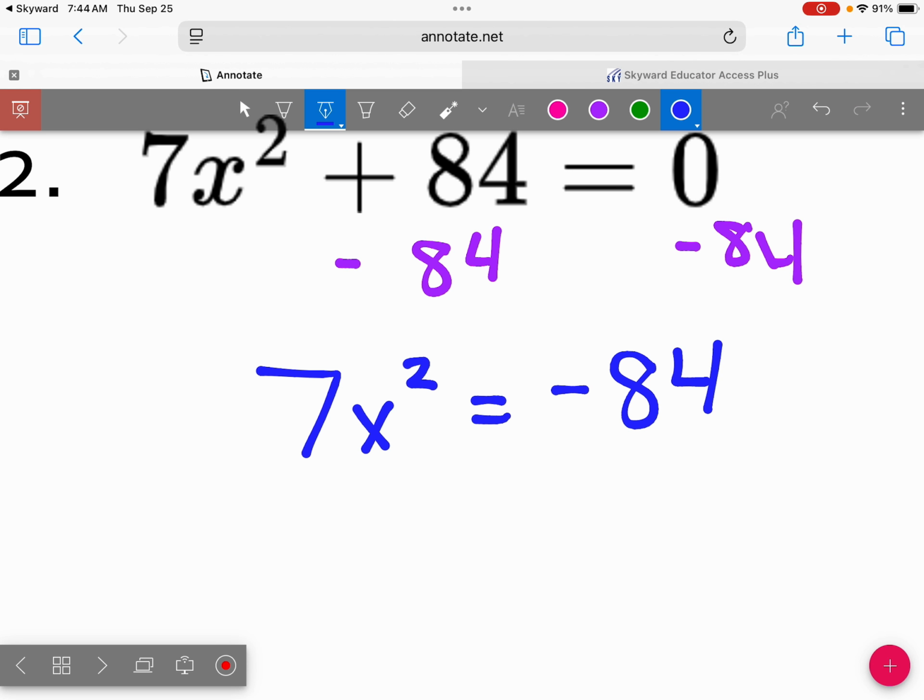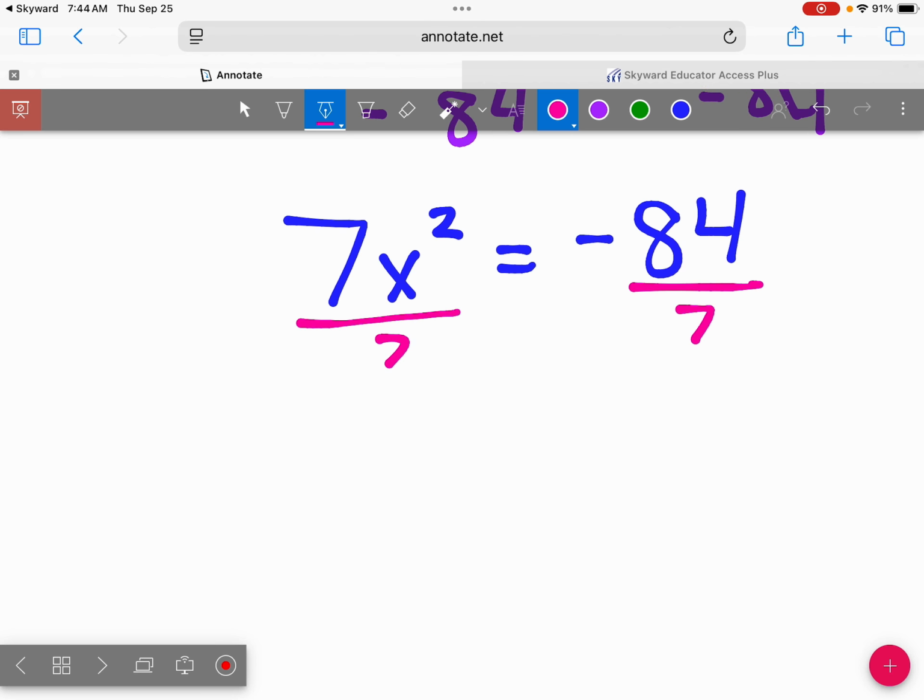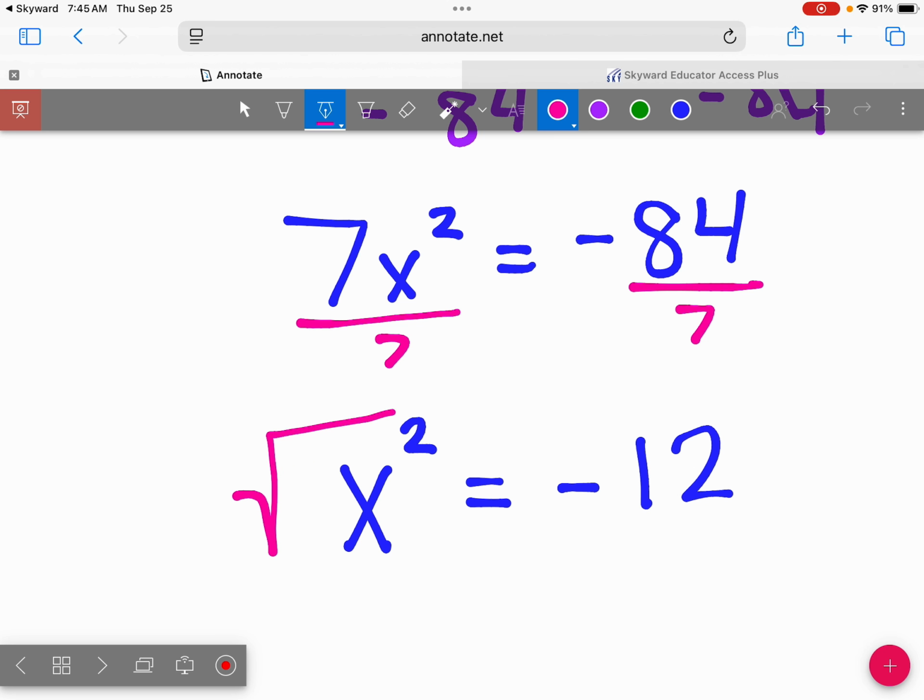And we can then divide both sides by 7. So we're going to have x squared equals, negative 84 divided by 7 is negative 12. And then we can square root both sides.